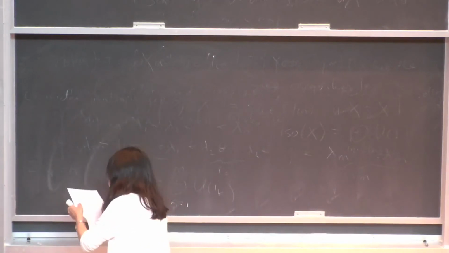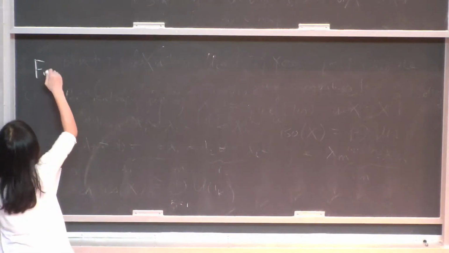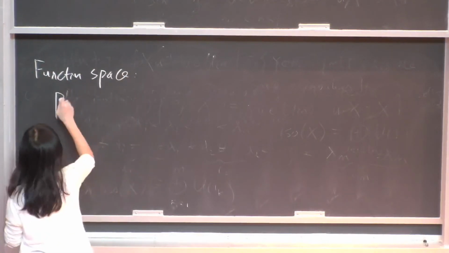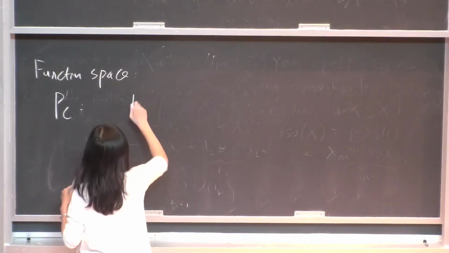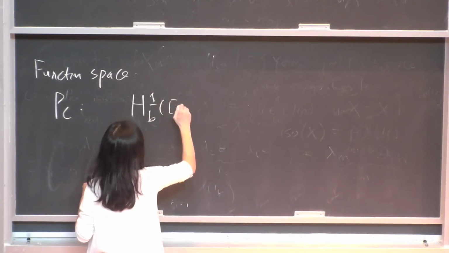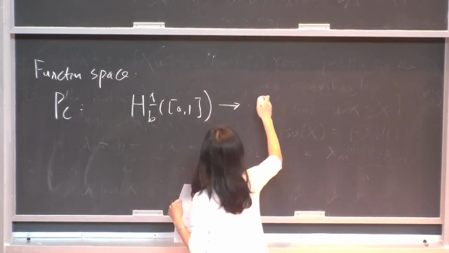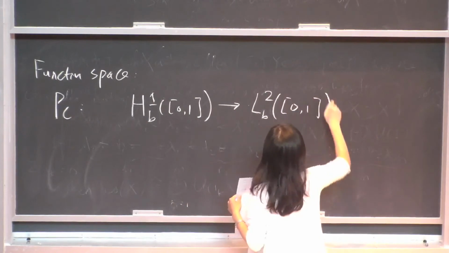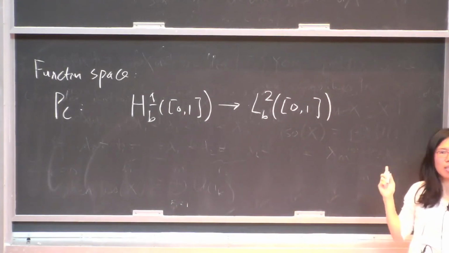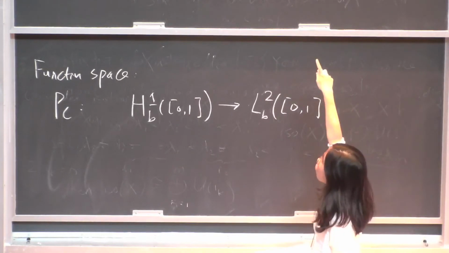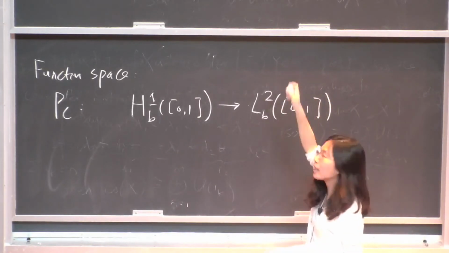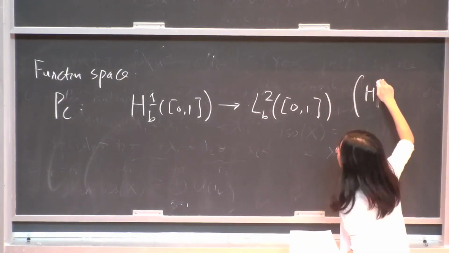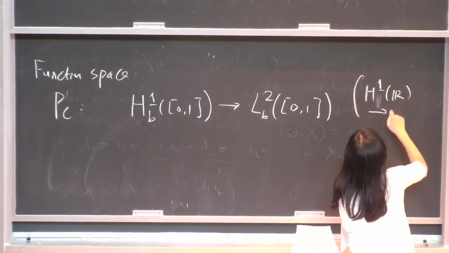So there are a few things that I want to mention. First of all, the function space I want to act on: P_C is acting from H_b^1 on [0,1] to L_b^2, well, the L2 space. If you haven't seen this b space before, remember that if I do my transformation back to the real line, those two spaces really are just H1(R) to L2(R).